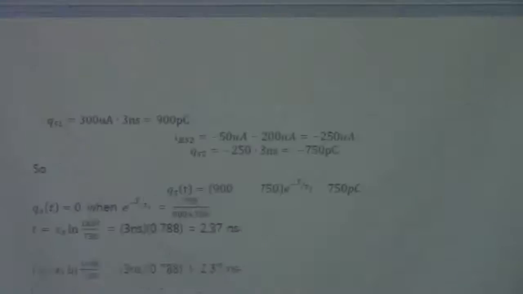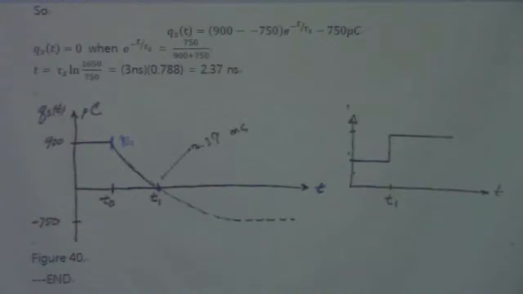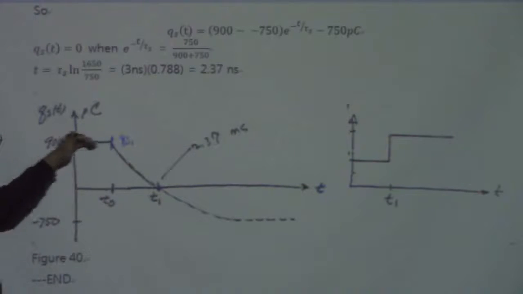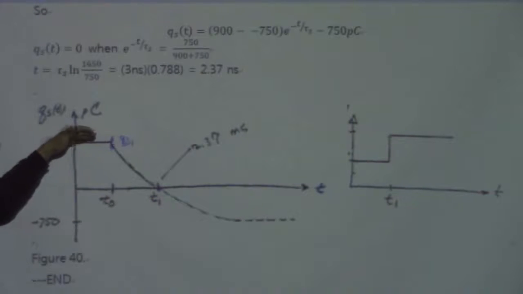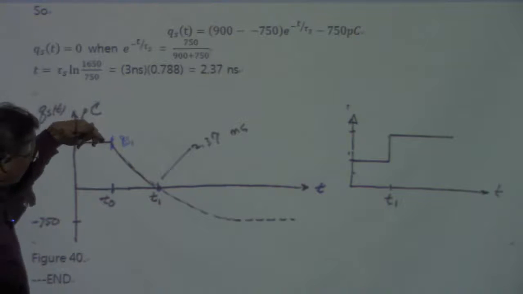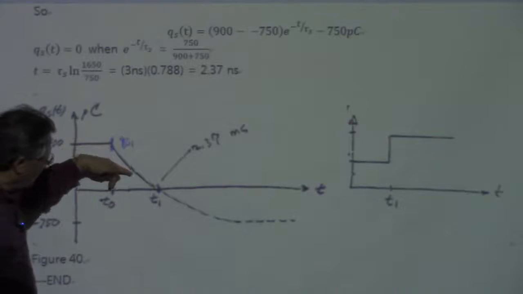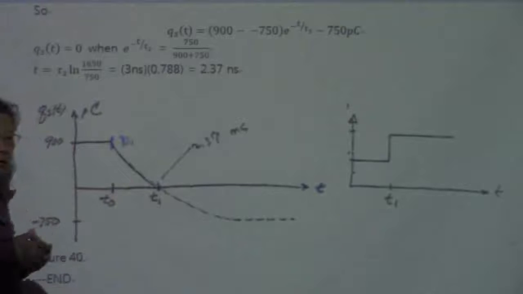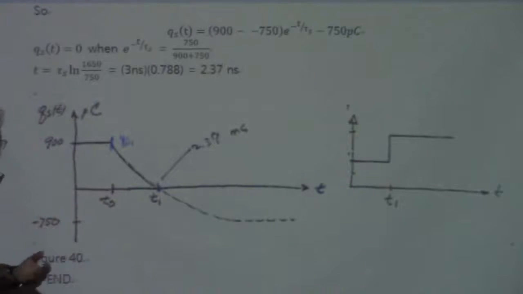So let me give you the result first. The example here is a typical example. You put the device at T1 in a steady state, you have a certain current, and then you just switch it to some other part. Then the system is going to go like this, and at this T1, the stored charge is eliminated.